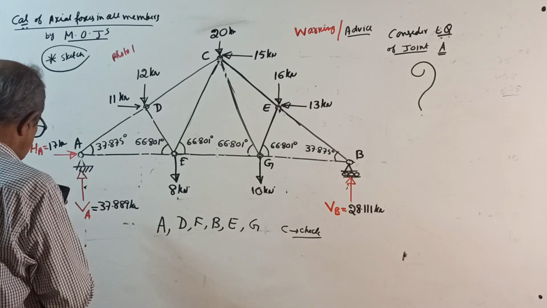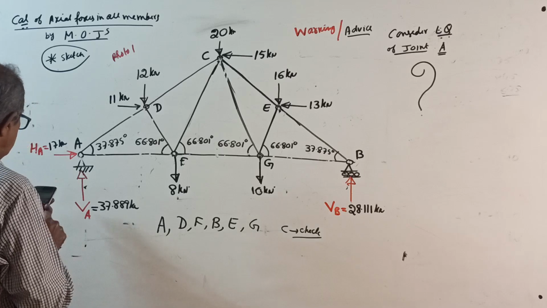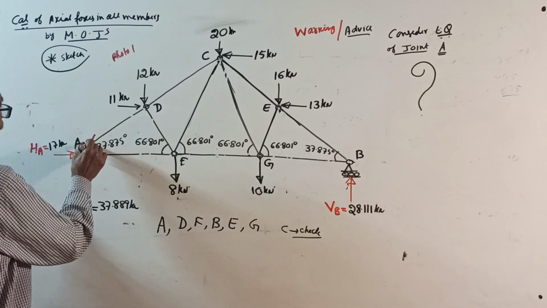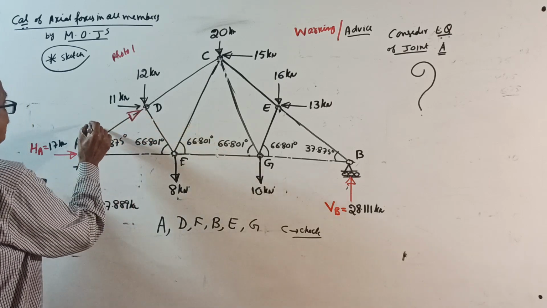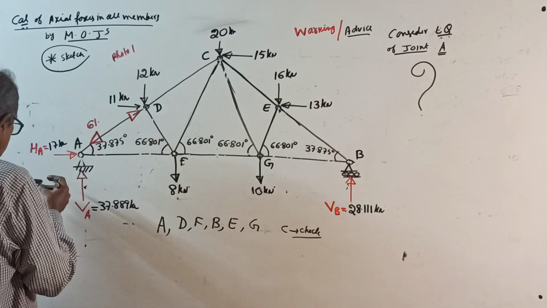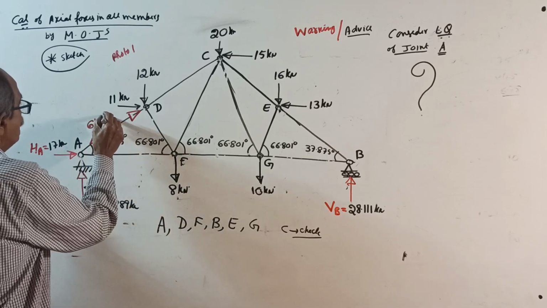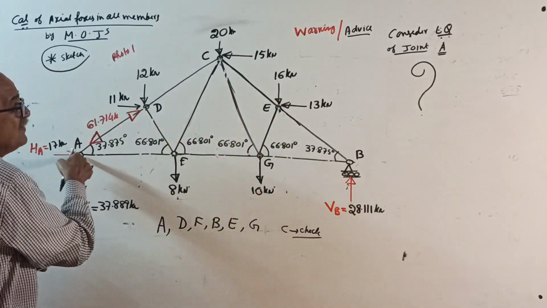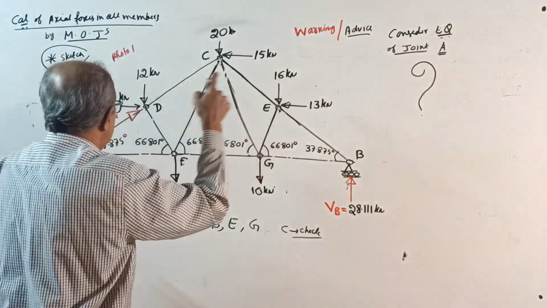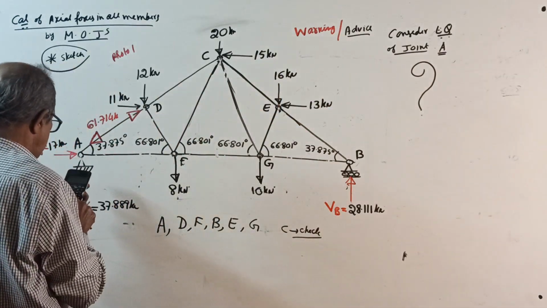By sine 7.875. 61.714 kilonewton. You solve there and come here and enter the answer. See, you solve there, come here, enter the answer.